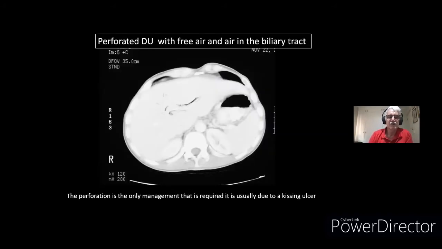Here you can see a patient who's not only got free air under the diaphragm, but they have air in the biliary system. Again, here the settings are highlighted to be able to show it. And on this occasion, this was a perforation, obviously anterior, of a duodenal ulcer, but it had also penetrated into the bile duct, hence there was air.